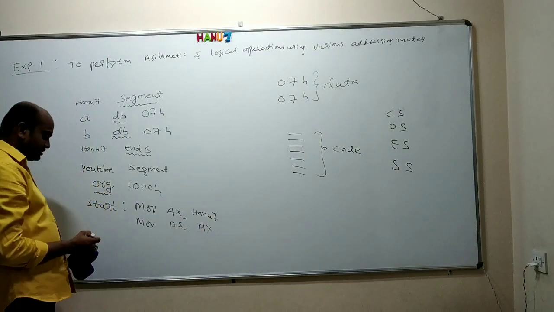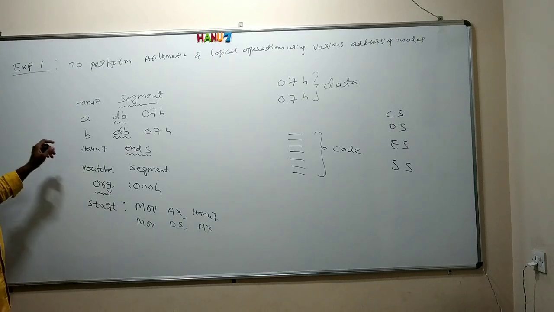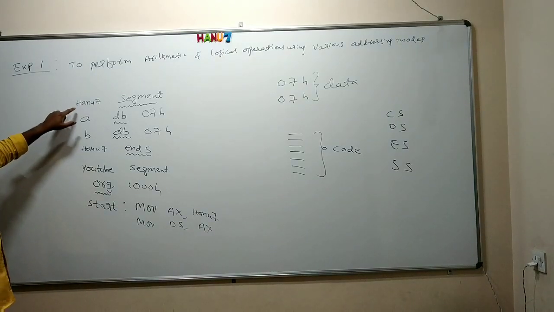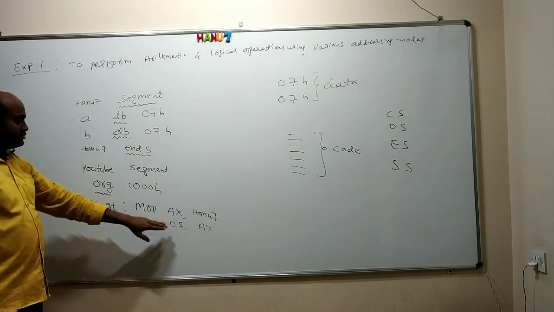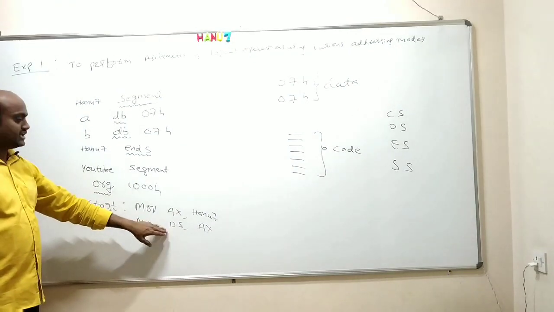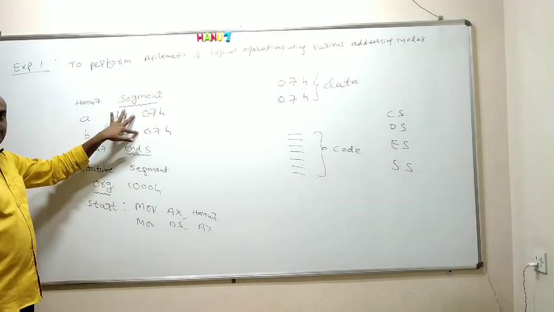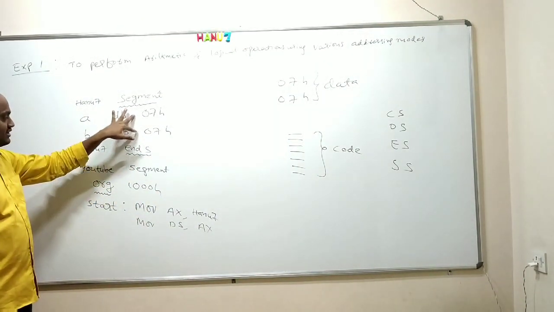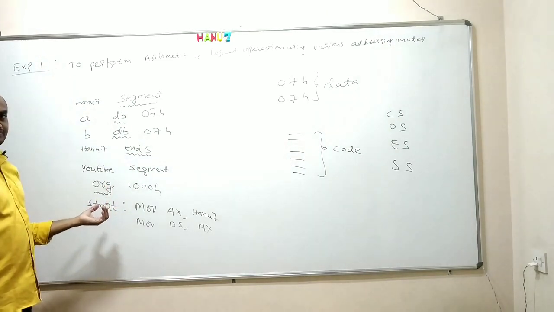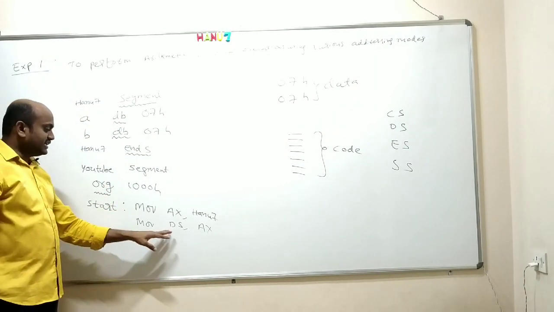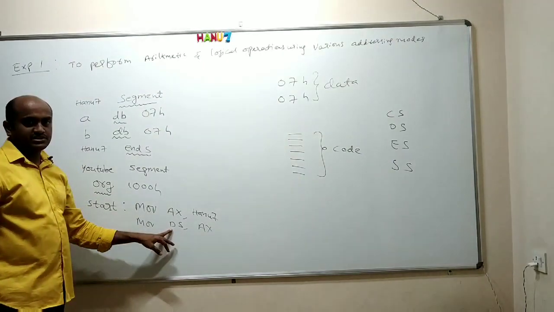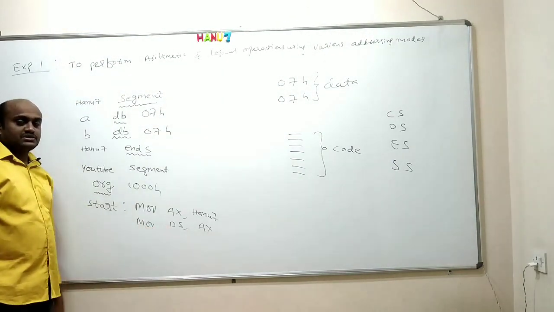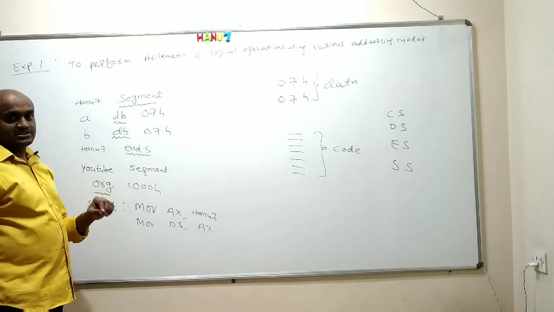So what I did here is, whatever the address of my data segment HANU7 is, that address I have to give to the data segment register. Then only this data will be accessible. Otherwise it will access the default data available in the computer's memory. By default DS will be allocated some default data segment address, which is called the segment base address.